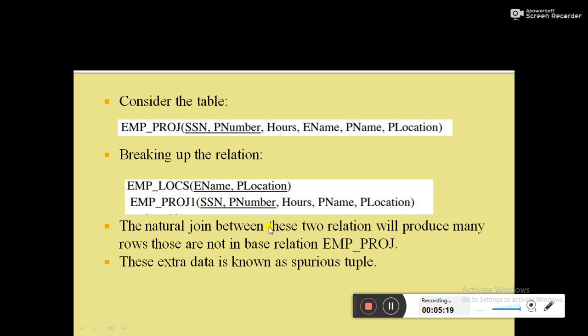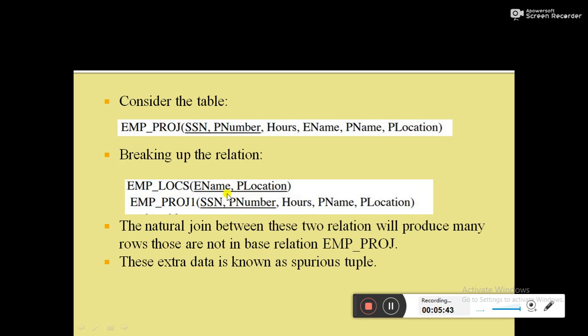But after performing the join operation, if we do not get back the original data which belonged to the base relation, then that kind of decomposition is known as lossy join decomposition, and then we can say that that breakup is not a perfect breakup. This is not a good breakup.